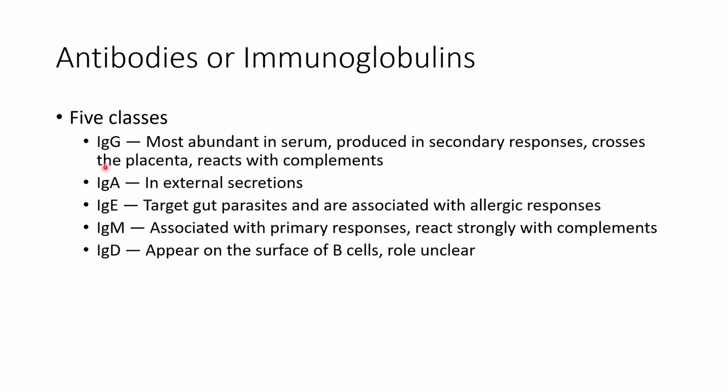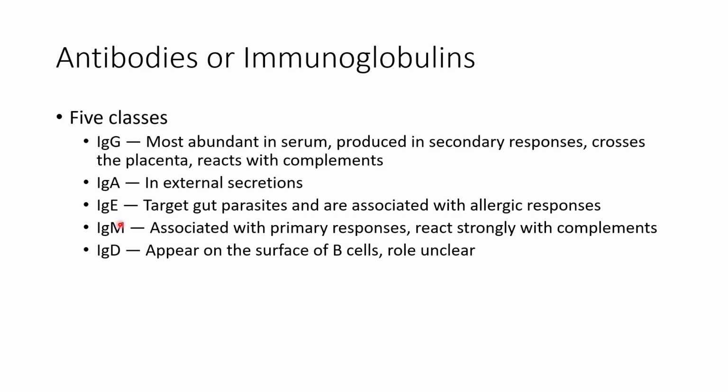Okay, A, we tend to find in external secretions. So you would get this in like mother's milk. You tend to get some of the A antibodies. E, these are antibodies that target gut parasites, and they're also associated with our allergic responses. M, so these are the ones we get with our primary response.